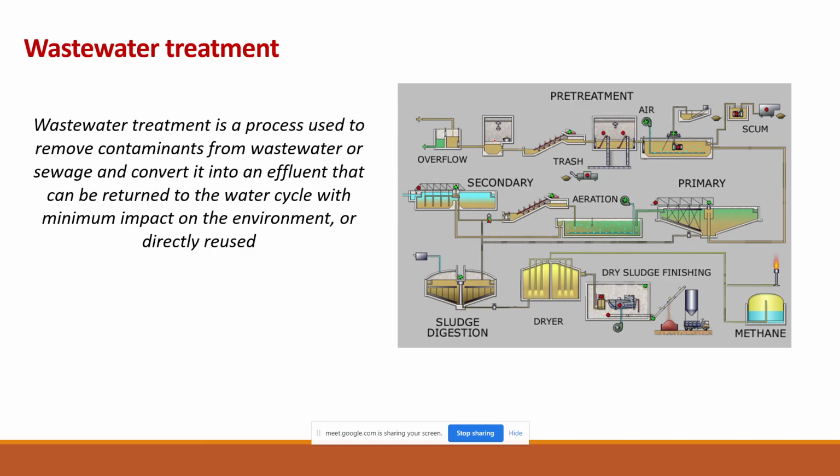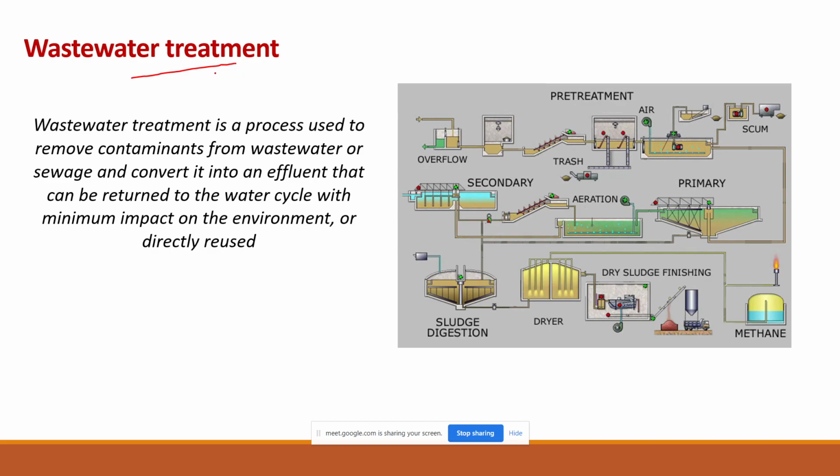You can also reuse the treated water for reclamation activities, like swimming pools. But this reuse will be safe only when there is proper treatment. If the wastewater is not treated properly and you're reusing it directly, obviously that will lead to many kinds of diseases. That is why we study wastewater treatment.